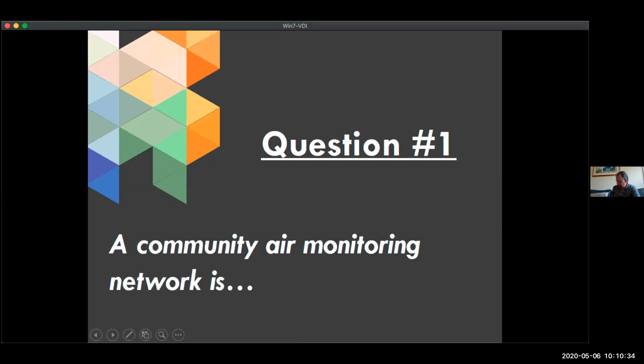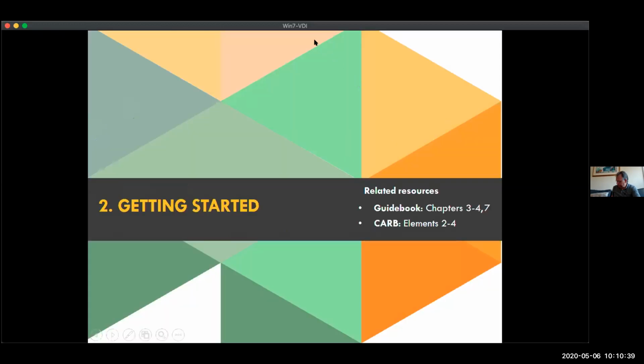We'll close out the poll, and in the meantime, I'll just start sharing an overview of next steps for developing a community air monitoring project.